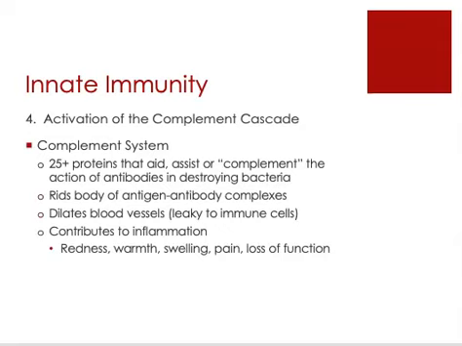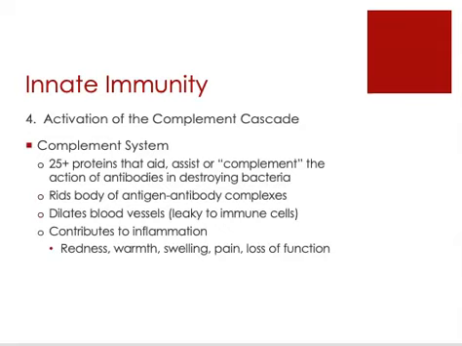The next function of the innate immune system is activation of the complement cascade. Now, we're not going to be able to talk about the complement cascade in detail, but you should know a few key points about it. The complement system is actually composed of over 25 different proteins whose job it is to assist or complement, if you will, the action of antibodies in destroying bacteria.